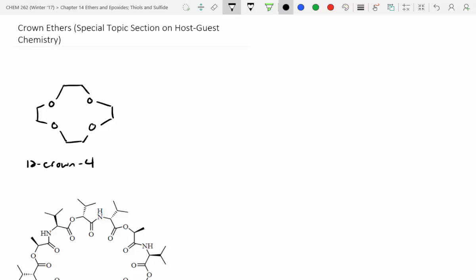Pretty interesting stuff. You can buy it. It's not super expensive. The other one that we have has 5 oxygens. So you can kind of space out your oxygens, and they've got 2 carbon linkers connecting them all. And this is called 15 crown 5.